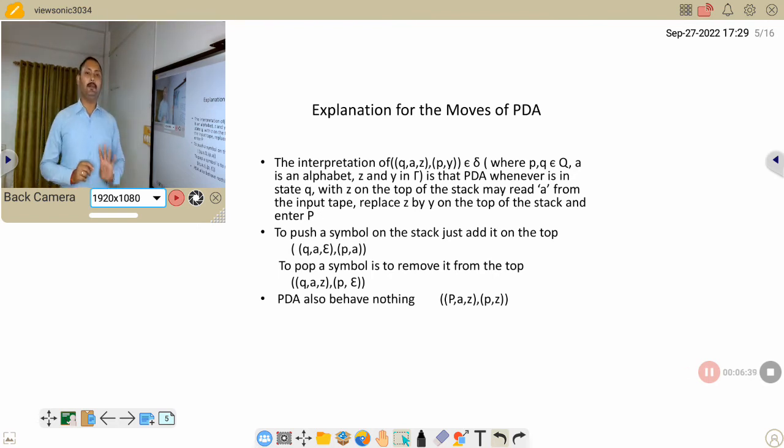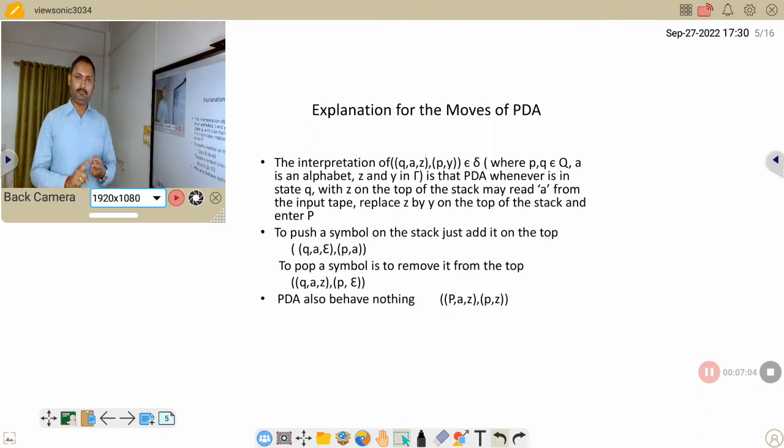Number 1, it can replace the top of the stack by the newly scanned symbol, which is one type of replacing the stack.